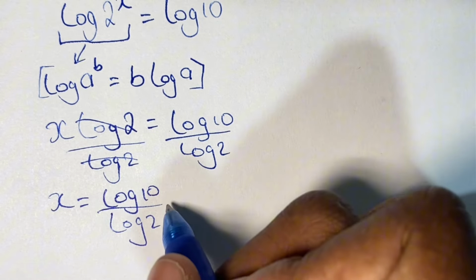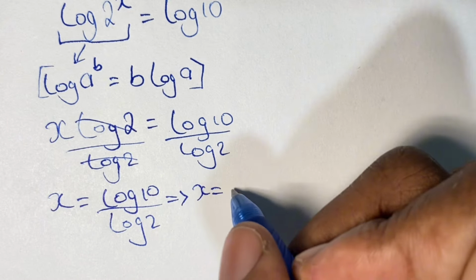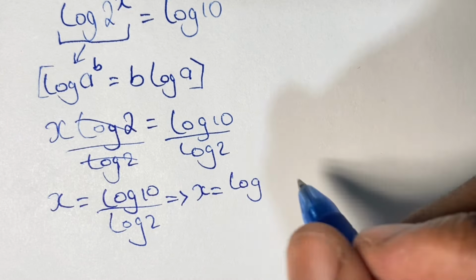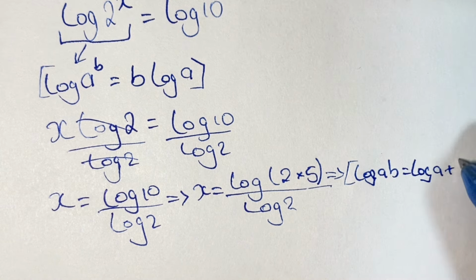Now let's see if we can simplify this equation a bit further. We said that we have log 10 over log 2. We know that log 10 is actually 1, but we could rewrite that as log 2 times 5, and we have that over log 2. And now our logarithm rule states that log a times b is equal to log a plus log b.